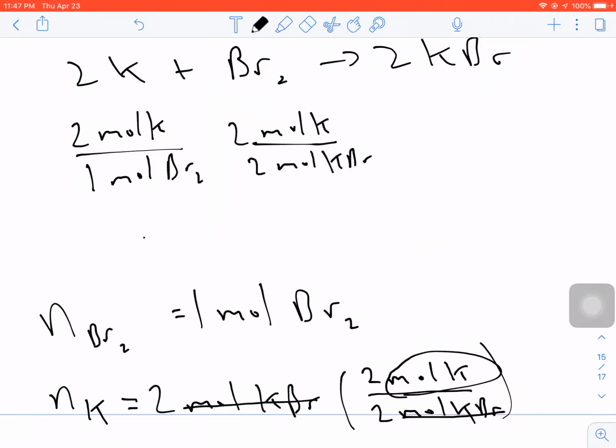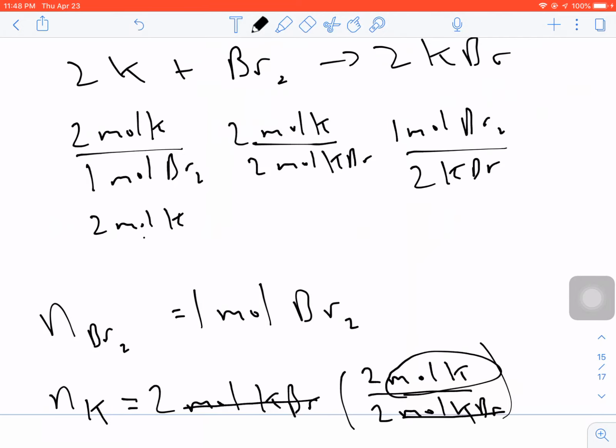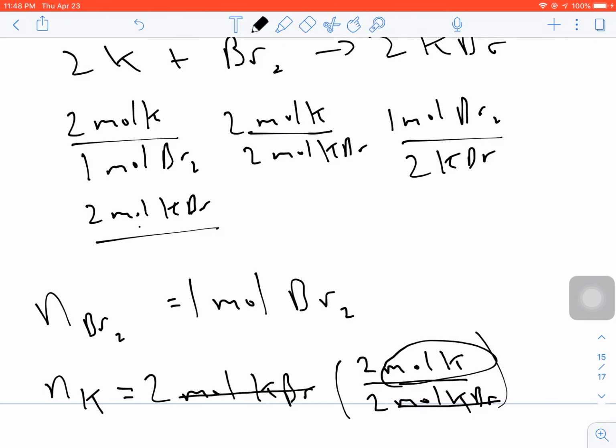Or I could say 1 mole of Br2 is used every time I make 2 moles of KBr. Or I could do it the other way around. I could say 2 moles of KBr are produced every time I use 2 moles of potassium.